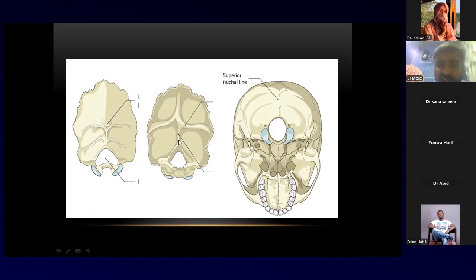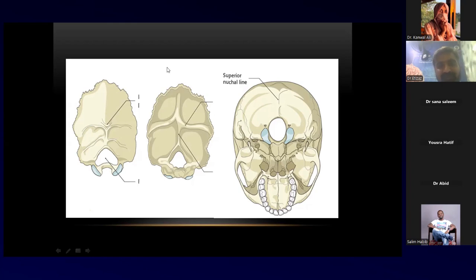What are the indications of occipitocervical fusion? One, we have discussed: bilateral ligamentous injury, post-traumatic. And second, atlanto-occipital dislocation, also post-traumatic. Another indication: dislocation with neurodeficit.